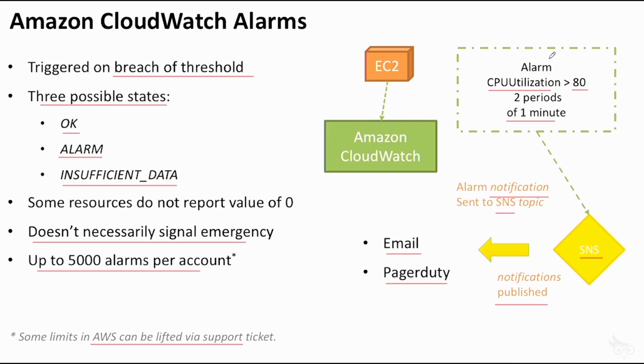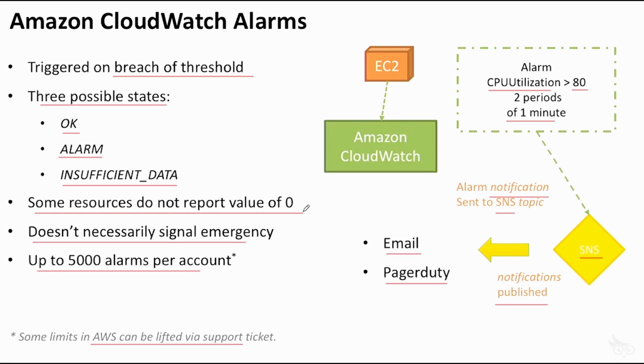So in the case of this alarm, when we first create it, in the very first minute and 59 seconds, this alarm will exist in insufficient data because 2 minutes would not have gone by yet. Now, it's also important to know that some resources don't report a value of 0.